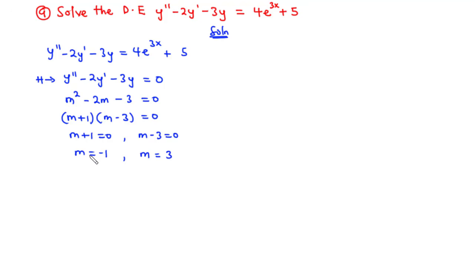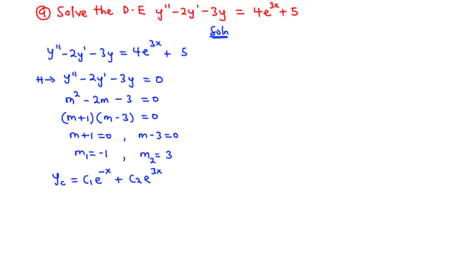So we have this to be m1 and that to be m2. So we can have the general solution to the homogeneous differential equation giving us yc = c1 e^(-x) + c2 e^(3x). So this is yc.